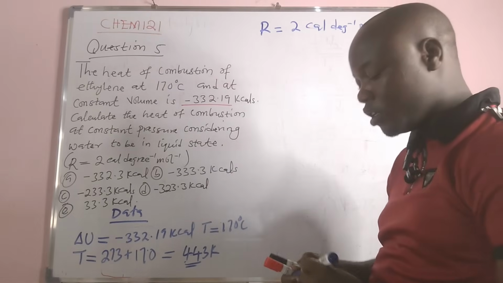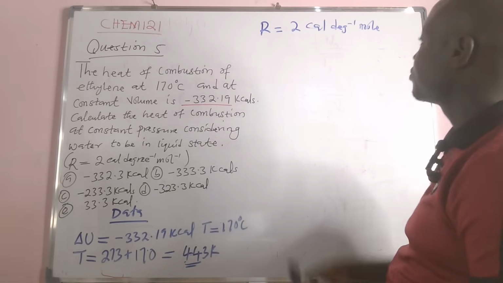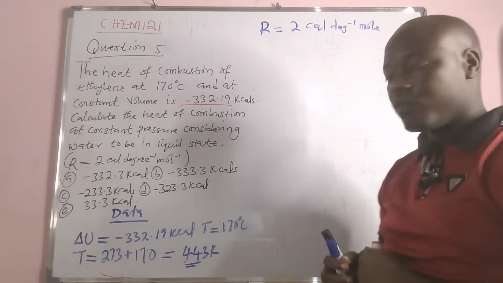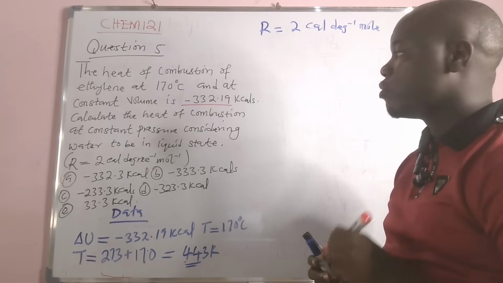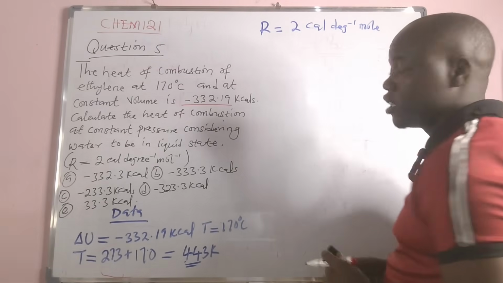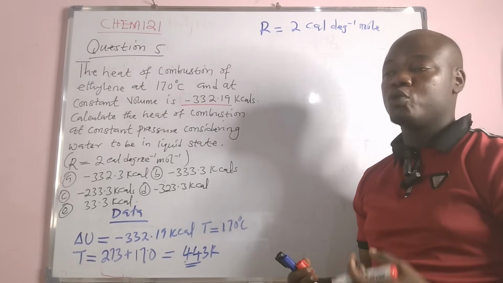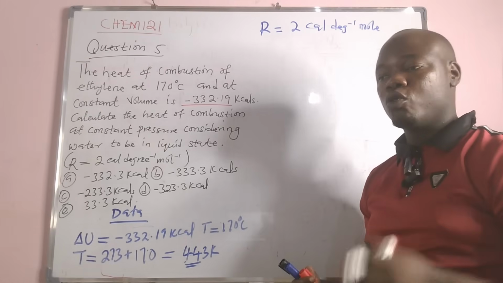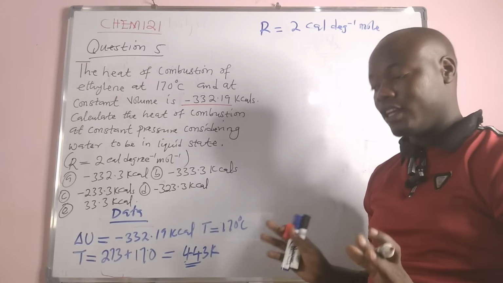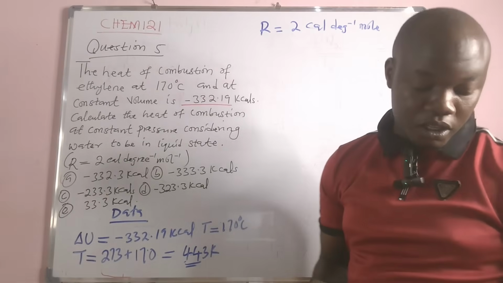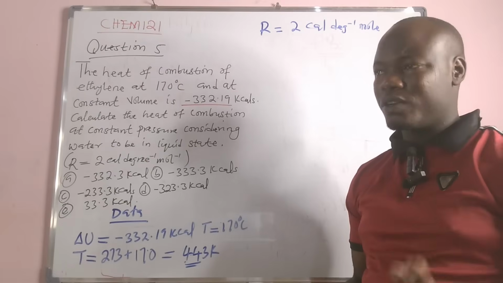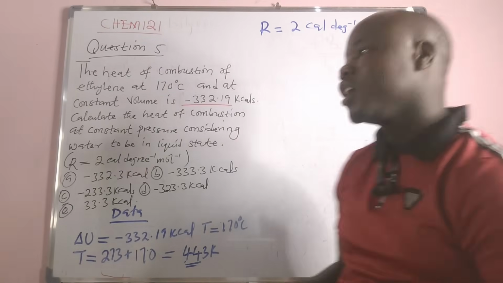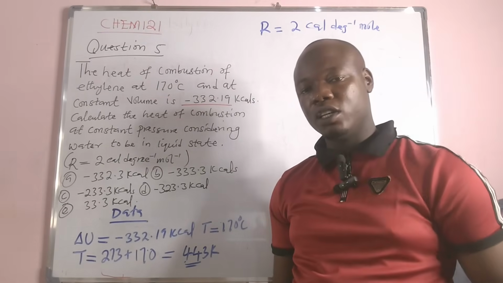So we also have the value of R. And remember, ladies and gentlemen, we have a formula that gives us the relationship between internal energy, the work done, and enthalpy. I think you need to go back and watch my video on thermodynamics.